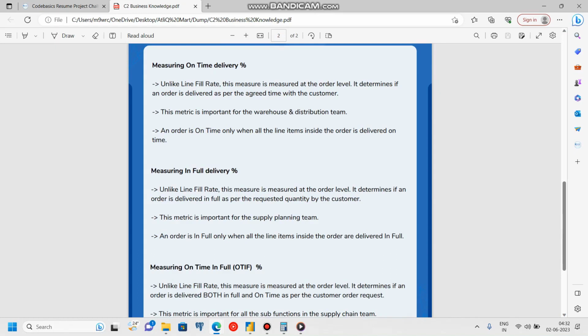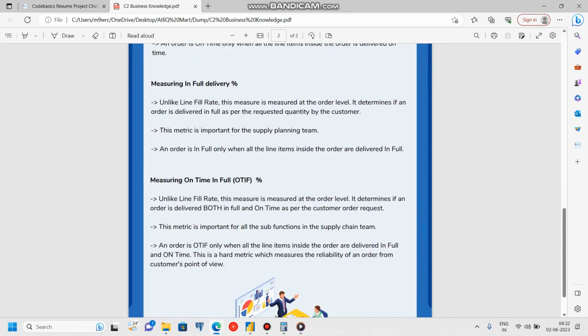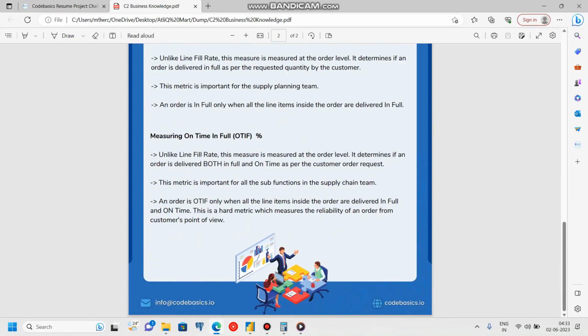Second one is in full delivery percent, which is referred to as IF percent in the dashboard, which is nothing but the percentage of orders that have been delivered in full. And the last one is on time in full percentage, referred to as OTIF percent in the dashboard. Now let's quickly have a look at the order summary of the data that we have.